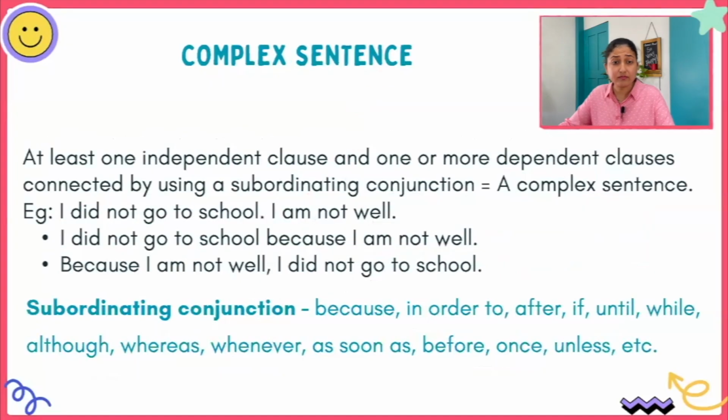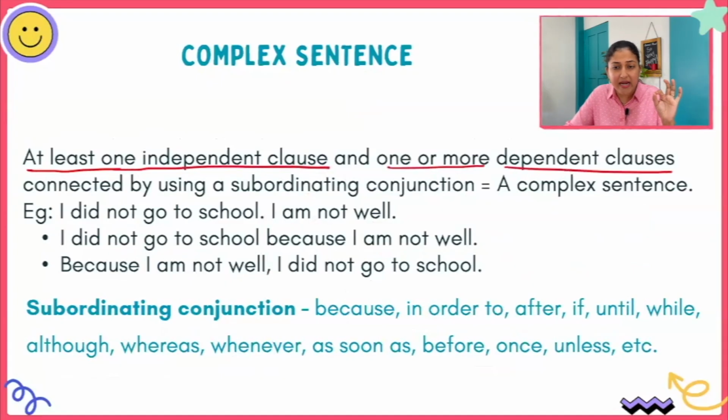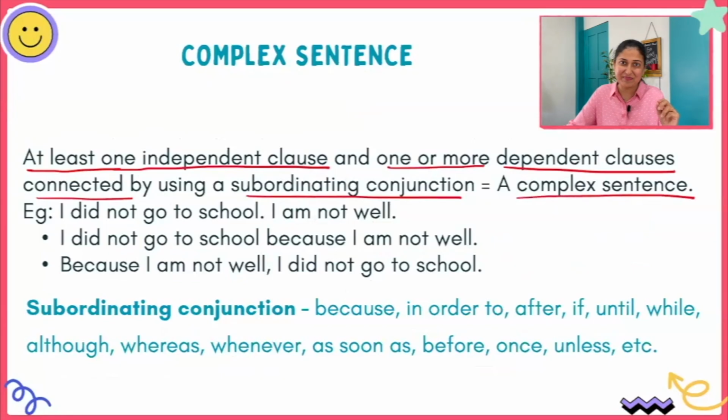Now, let's move on to the complex sentence. Whenever in any sentence we have at least one independent clause and one or more dependent clauses which are connected by using a subordinating conjunction, we get a complex sentence.